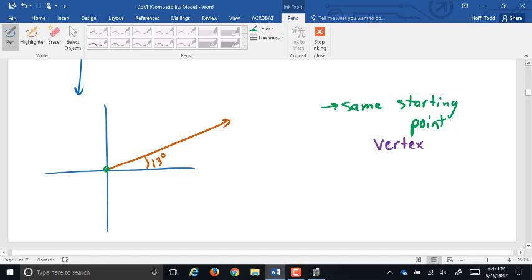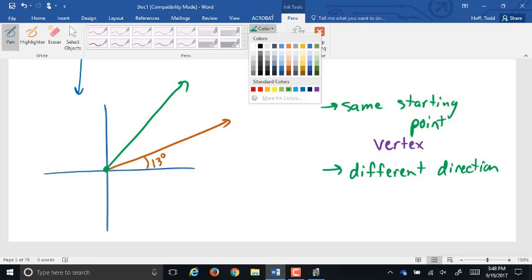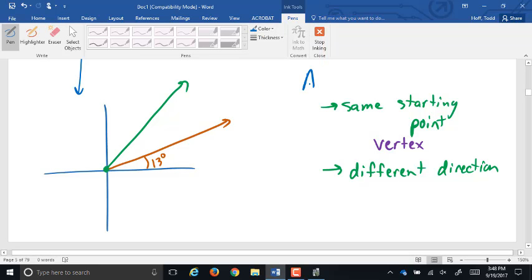So from that same starting point, it goes off in a different direction. So these two rays with that common starting point but going in a different direction have made what we call an angle.